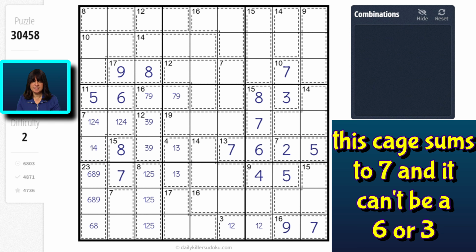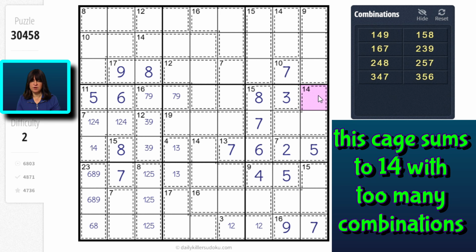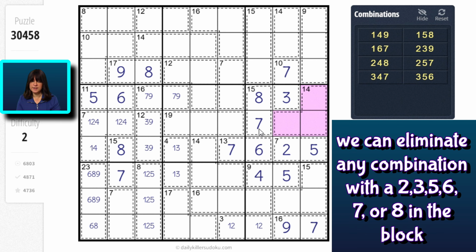All right, let's see. That leaves us with a sum of 14 with 3 cells. And a lot of possible combinations, but we can rule this one out because of the 6 and a 7, and this because of the 8, and this the 7, and this the 8, and this the 3, and this the 7 and the 3.